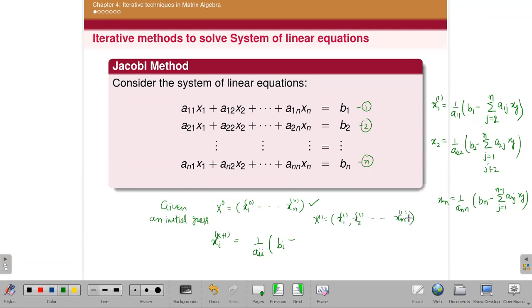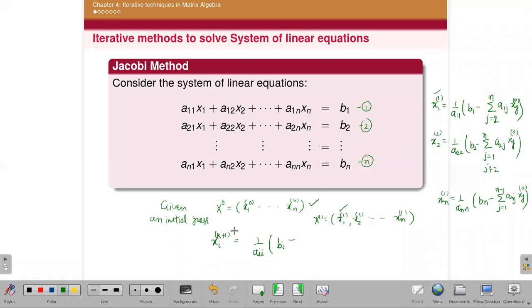First we work on x11, the first component of the first iteration. x11 will be given in terms of xj0, all the components of the previous iteration, that is the initial guess. Similarly x21 and xn1 in terms of xj0. This way you get all the components of the first iteration, and that completes your first iteration.